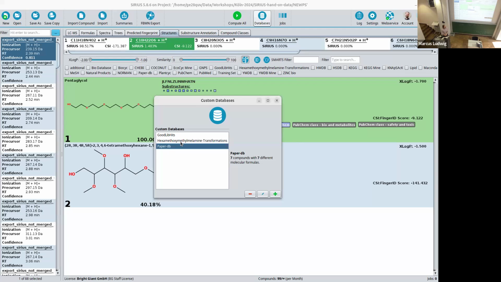And then I picked another one of the compounds that were annotated and asked the question, what if we cannot find this in the data? Can we find biotransformations of it in the data? So these are the two questions I wanted to tackle. And for that, we can use custom databases. If you have an idea what you're looking for, you can always create databases with your own molecular structures based on some SMILES.